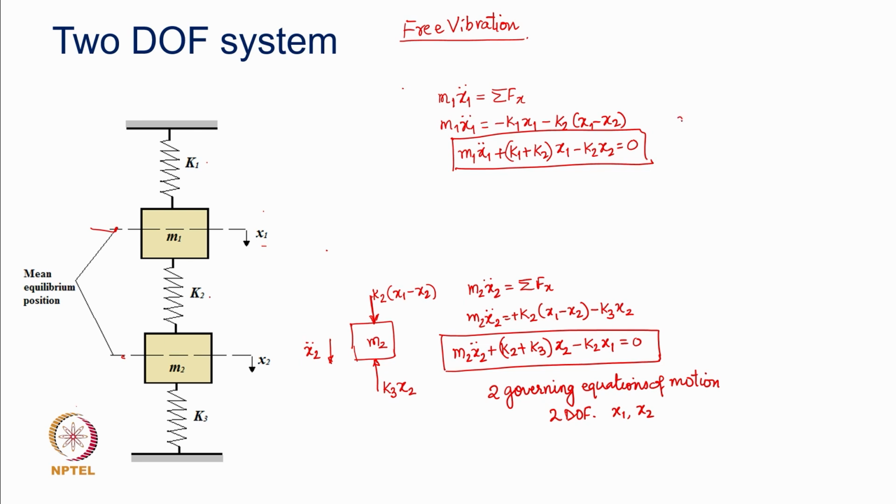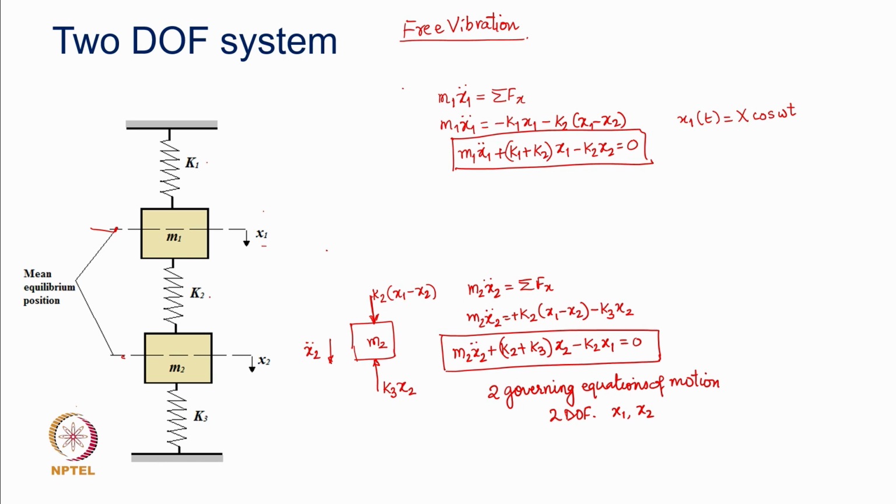I may assume a harmonic response like e to the power omega t, or I can also use the assumed solution as capital X cos omega t. So, the amplitude and the cosine function or a harmonic time function. Okay. I can use e to the power j omega t as well, there is absolutely no problem.